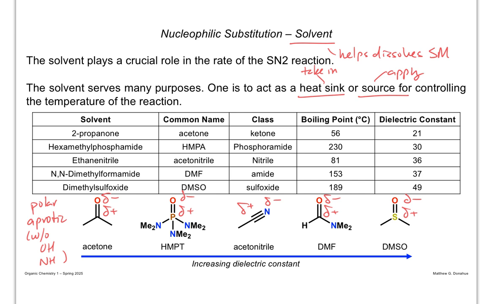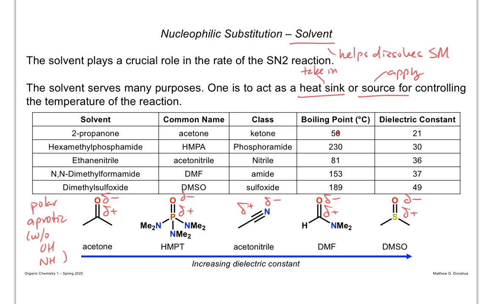And then more importantly is the last column called dielectric constant. DMSO has the highest dielectric constant of 49 and acetone's 21. That plays into how the solvent molecules interact not only with your starting materials but also the transition state. In the lab, if you were to do one of these reactions, acetone is probably the easiest to work with because it has the lowest boiling point, which means you can get rid of it the easiest.